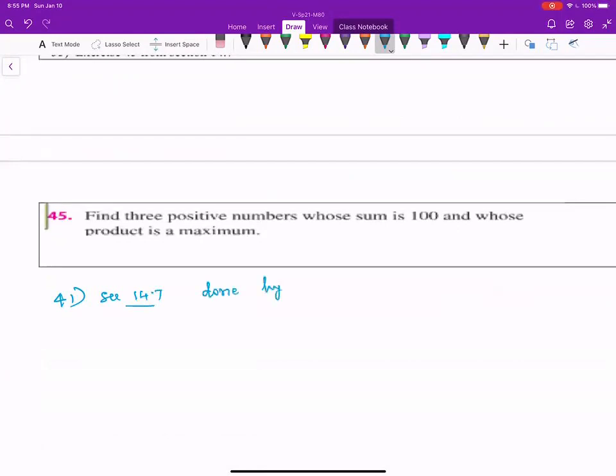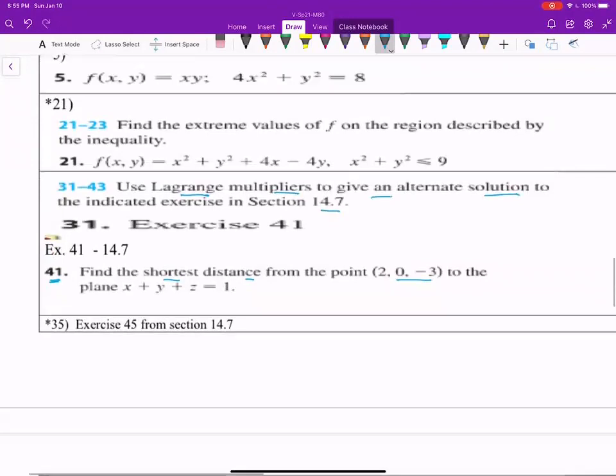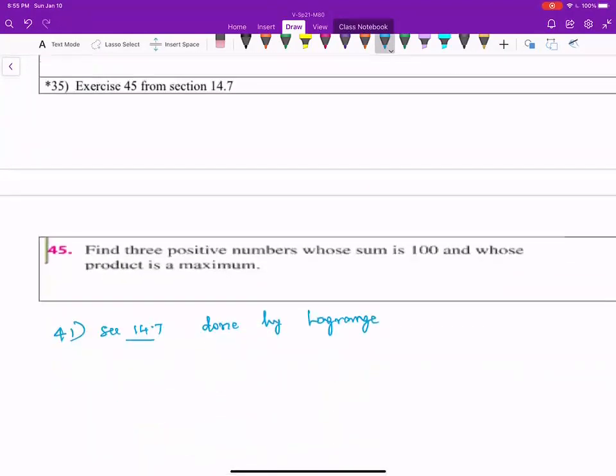So this problem is going to be done now by Lagrange. This problem number here is actually number 31 of 14.8, which is the same as 41 of section 14.7, done by the Lagrange multiplier method.